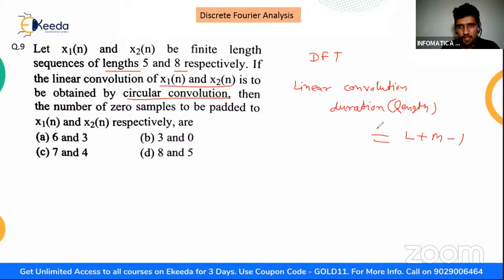That's why we do zero padding. So what will be the duration of that linear convolution? 5 plus 8 minus 1, which is 12. So we need 12 points. We have to calculate a 12-point DFT and then circular convolution.